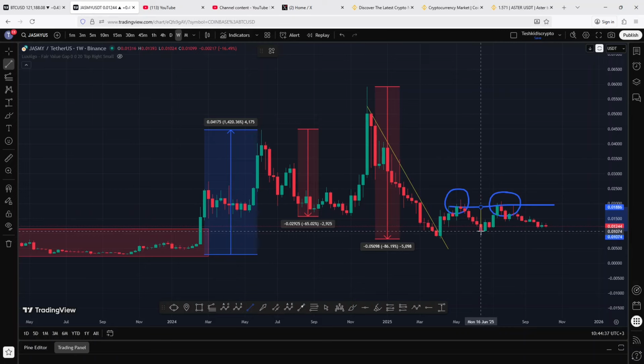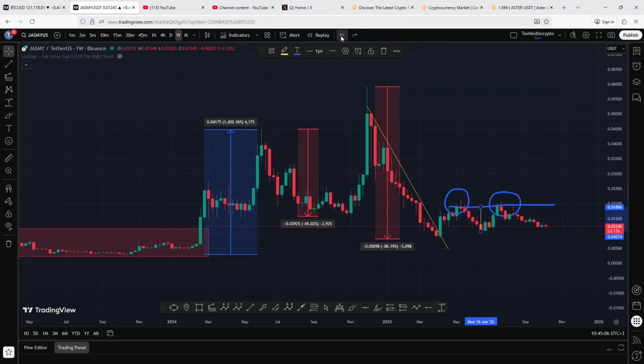So we can get that height and then place it below the neckline, and on so doing we get a minimum breakdown target area all the way to the 0.002227. And if that plays out, that will be the worst case scenario for Jasmy, because that would mean that we are getting into more bearish territories in the next coming days.